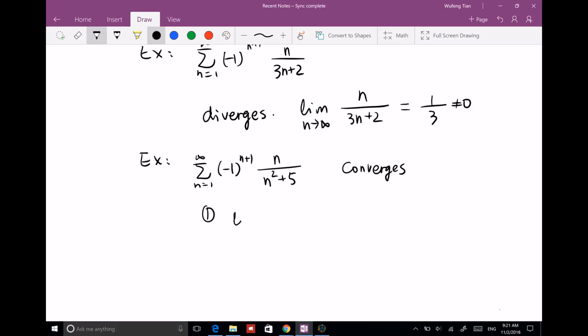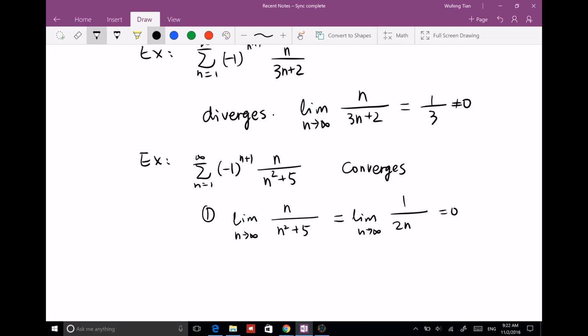Well, when we add 1, the original one is going to be the bigger value, and when we use L'Hopital's rule and plug in infinity, we're going to get 1 over infinity. Okay, so as n goes to infinity, the nth term will equal 0. Use L'Hopital's rule: 1 over 2n. The derivative of 5 is 0, so it is 0.